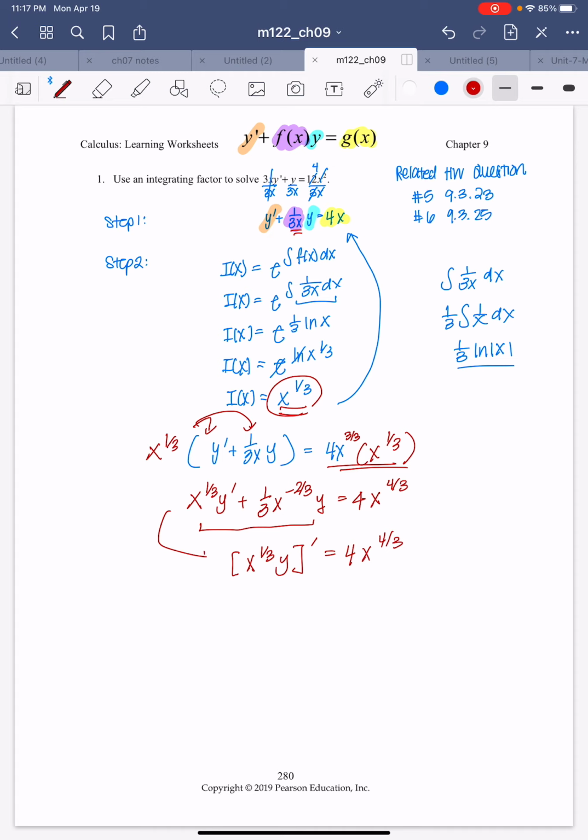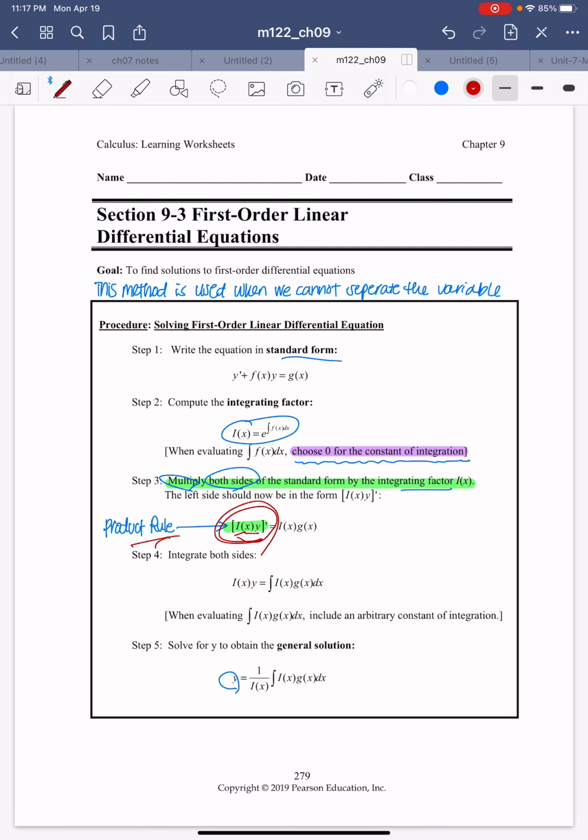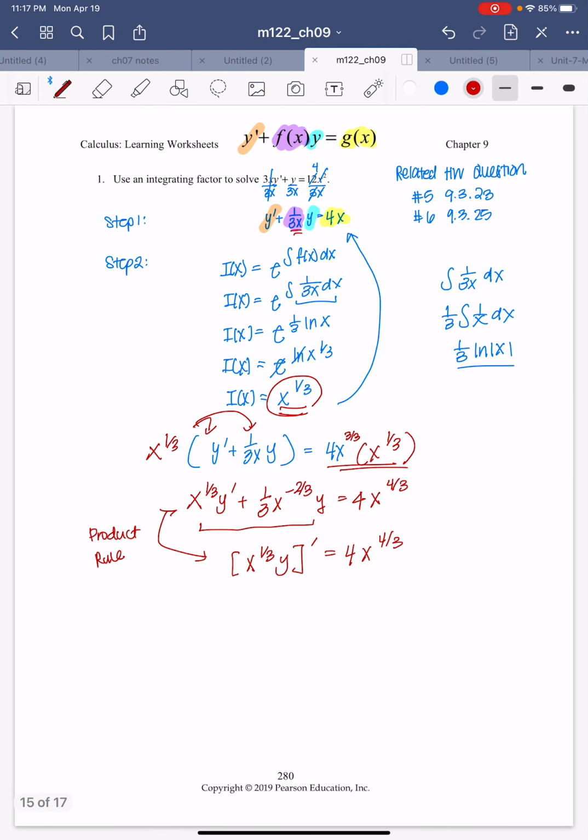This is basically a product rule. So once you multiply the standard equation by the integrating factor, you're always going to get that product rule.